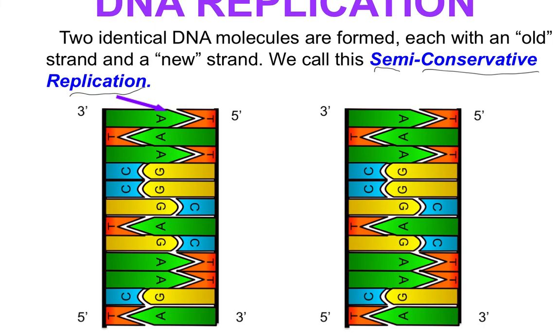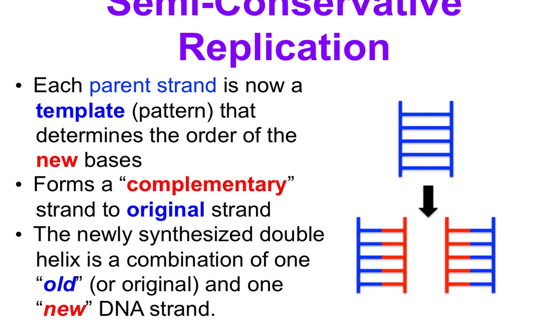After DNA replication has taken place, there are two identical DNA molecules formed. Each of them has an old strand and a new strand. We call this semi-conservative replication. In semi-conservative replication, each parent strand is now a template or a pattern that determines the order of the new bases and how they're put on. And it's forming this complementary strand to the original strand.